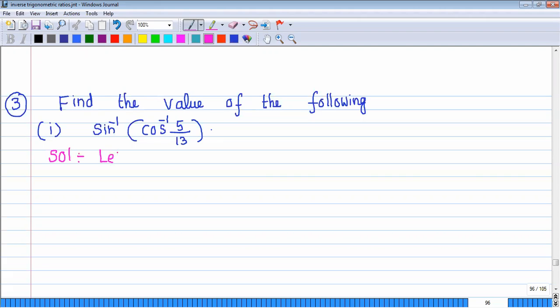Let us say cos inverse 5/13 equals theta. Cos theta is equal to 5/13. So according to the problem, what we need to find out?